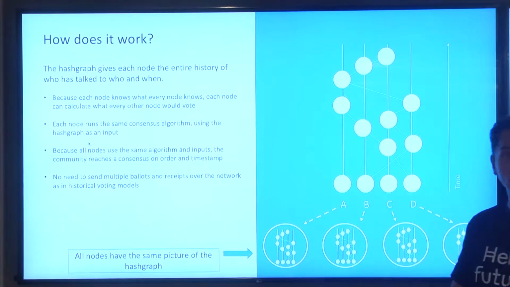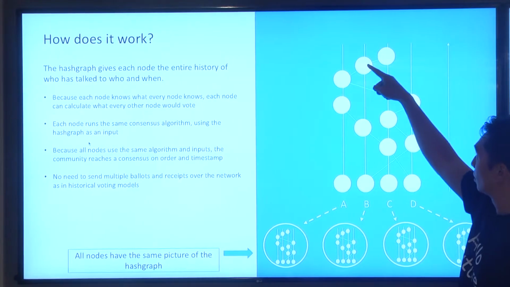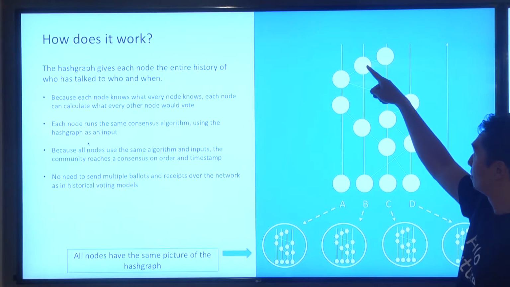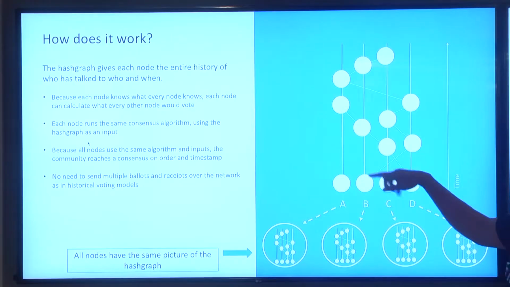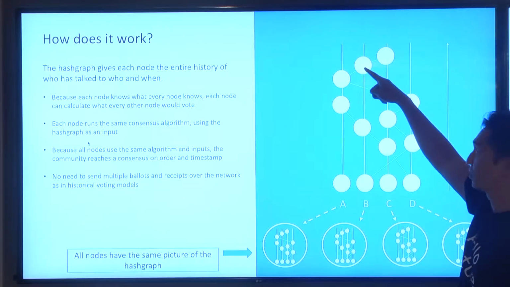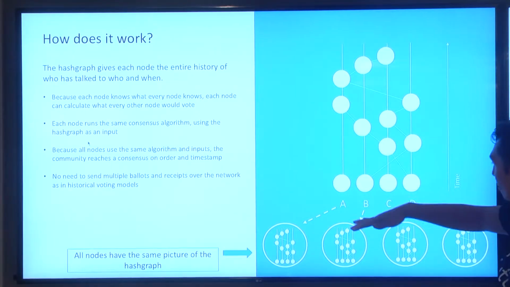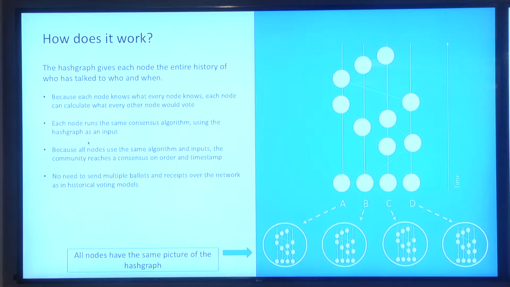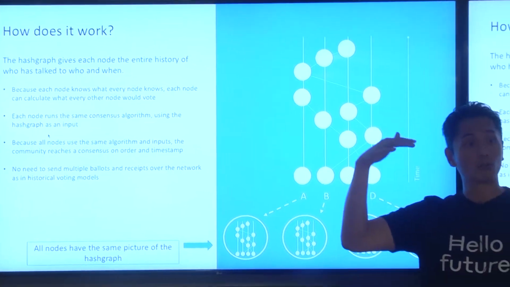And she can keep it in her local copy of the database. And as Alice gossips over to Bob here, Bob can also recreate this entire image of the hash graph below this event right here. And as Bob gossips over to Charlie, Charlie is able to recreate the entire image of the hash graph. So what you have is the top of the hash graph, and there's a discovery process that goes on over time.